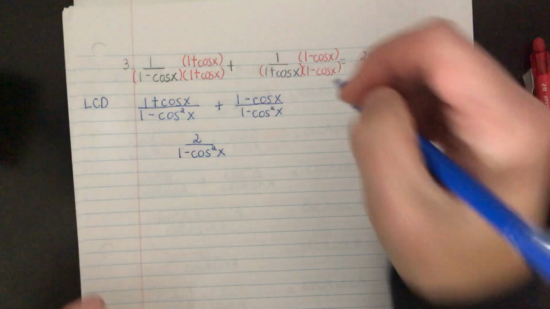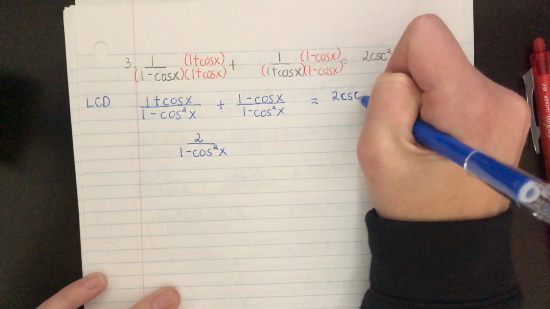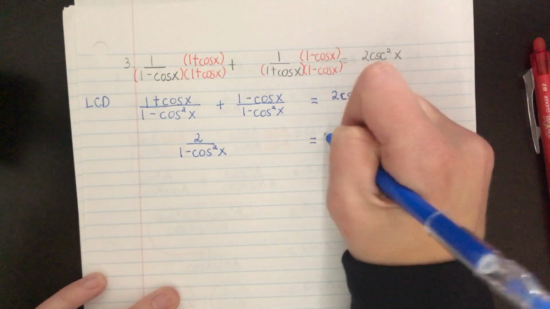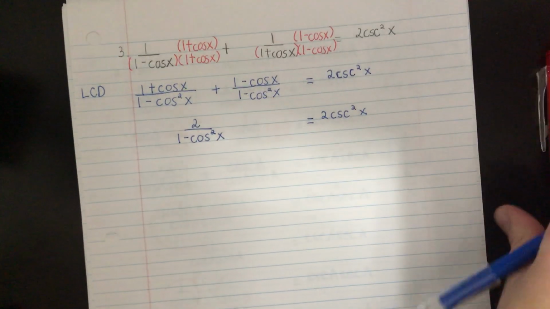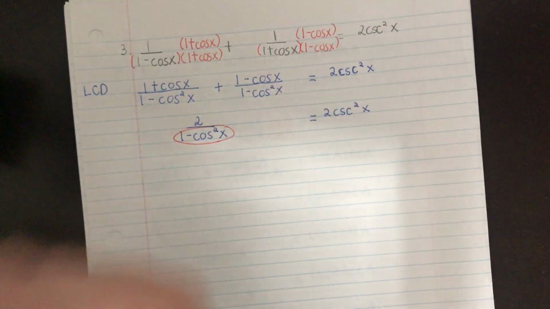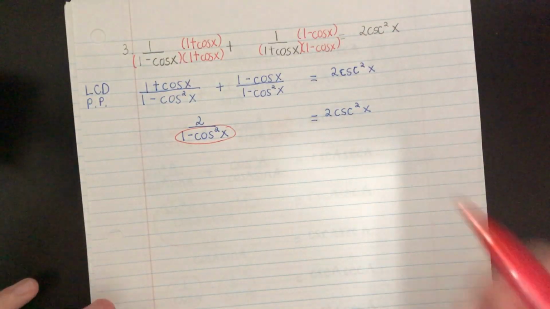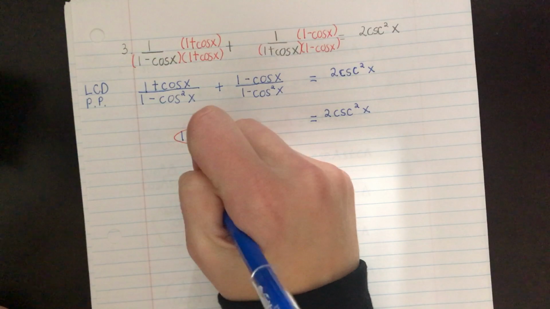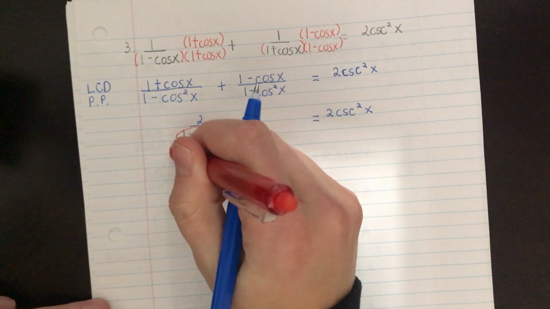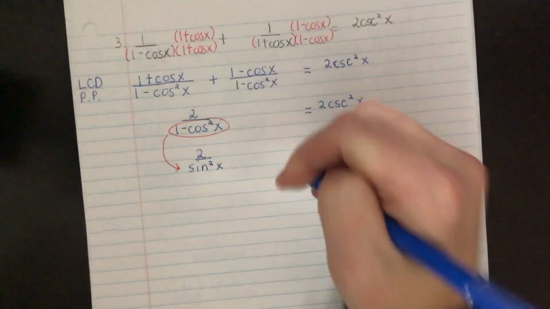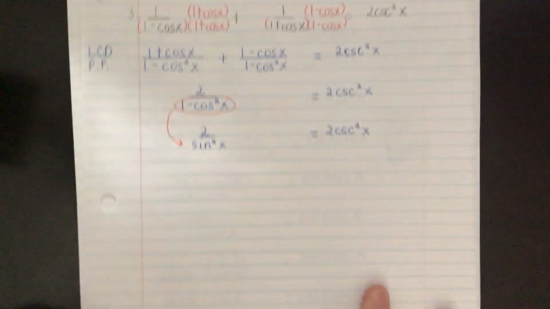So finally, we should be dragging this down to cosecant squared of x should equal 2 cosecant squared of x. This right here is Pythagorean property. So then you have 2 over sine squared of x, this Pythagorean property, equals 2 cosecant squared of x.